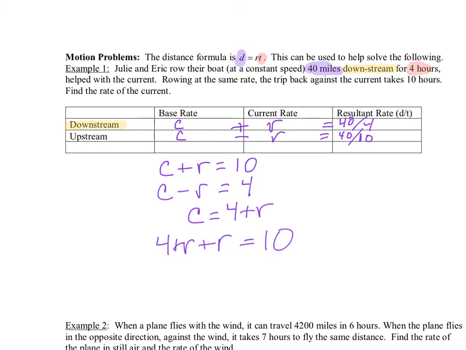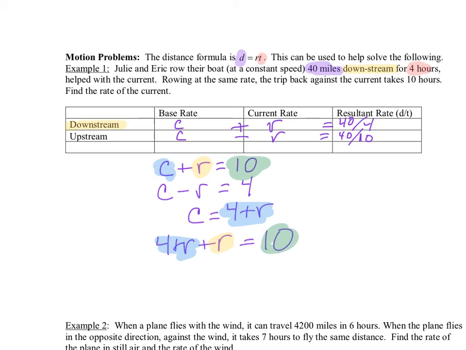So you can see where everything's coming from. This R is this R. The 10 is right here. And the 4 plus R is this 4 plus R, which I plugged in for C.